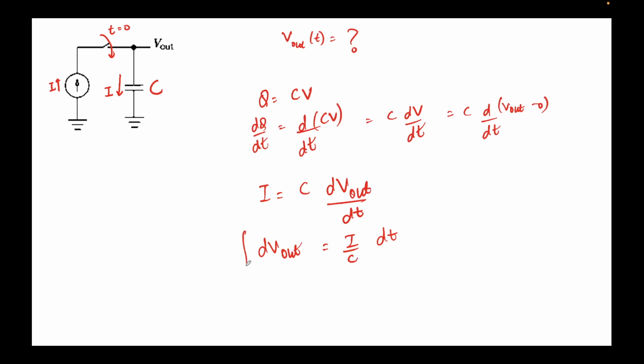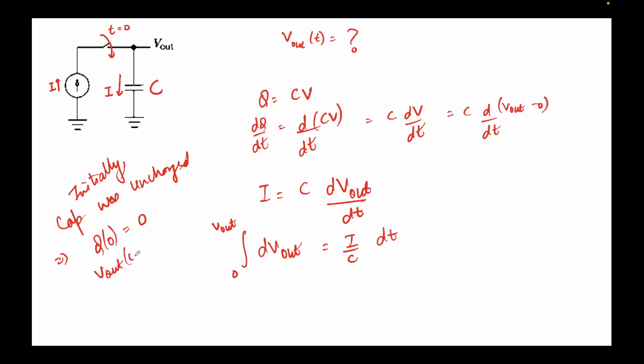So if I integrate from 0 to V out, kindly note that initially the capacitor was uncharged. This implies Q0 was 0, or we can say that V out at time t equal to 0 was 0. Hence the lower limit is 0, and this is to a certain time t.